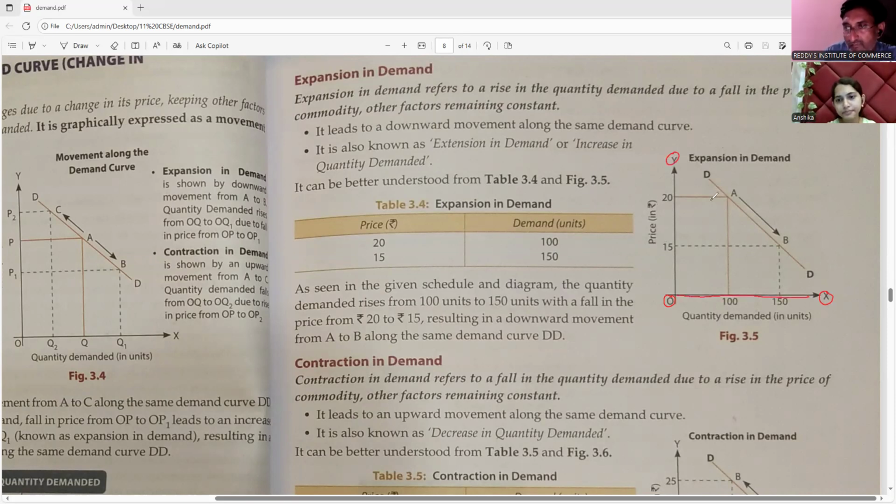The OX axis indicates quantity demanded, and the OY axis indicates price. When the price was 20, the demand was 100.